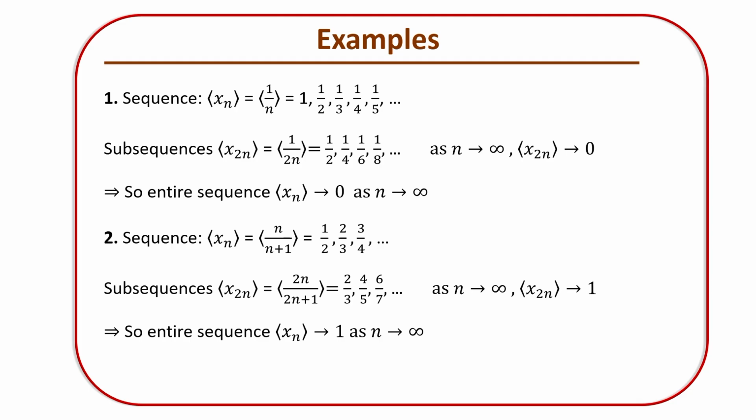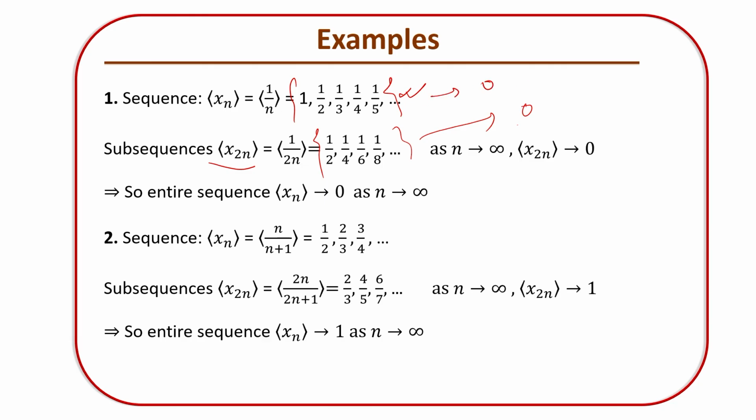Now we are going to explore some examples. Taking 1/n and the subsequence x_{2n}, we know the subsequence converges to 0, so the entire sequence x_n should also converge to 0.